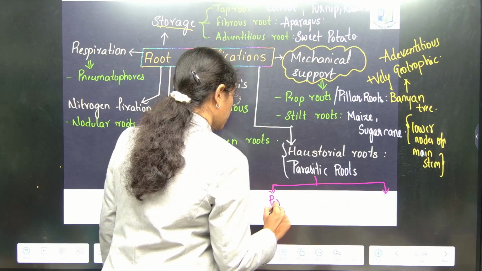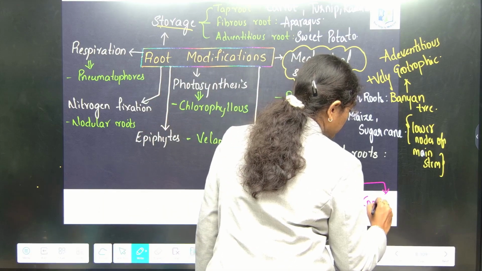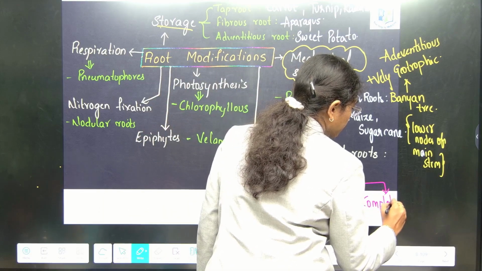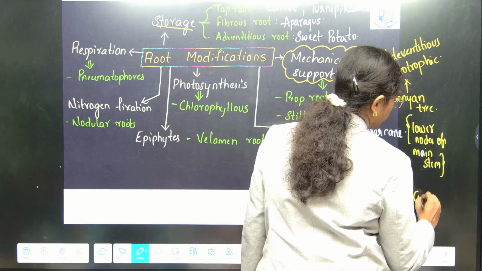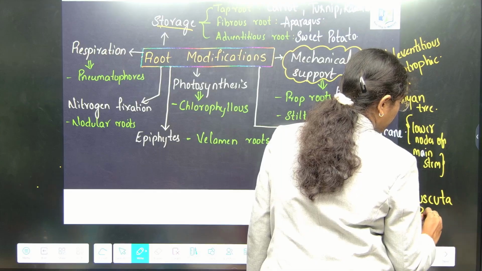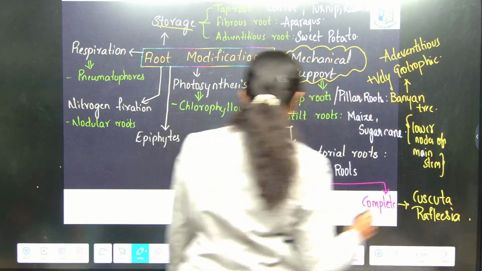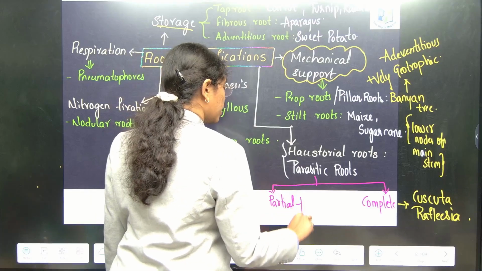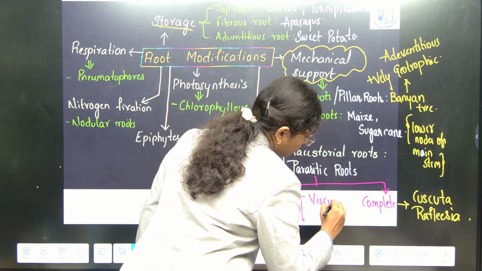Complete parasites include Cuscuta and Rafflesia. Partial parasites include what? Viscum, Striga.